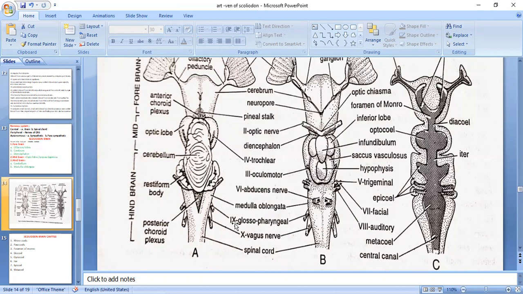Here you can see the seventh, eighth, ninth, and tenth, and even the fifth also. From the fifth to the tenth cranial nerves arise from the medulla oblongata.